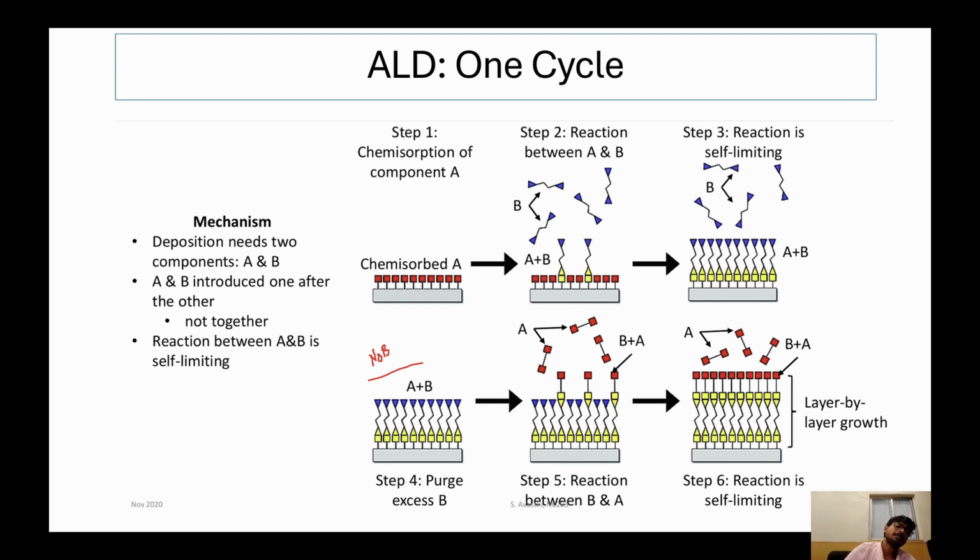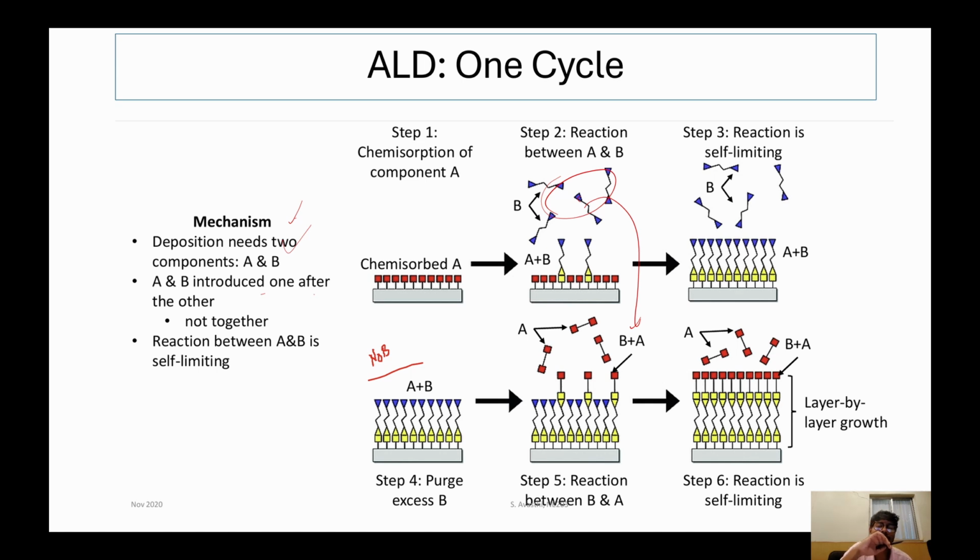A typical ALD cycle consists of, let us see first what sort of things you need. Deposition needs two components, A and B, and A and B are introduced one after the other, not together. If you allow them together, then they will react in the air itself and deposit. The reaction between A and B is self-limiting.